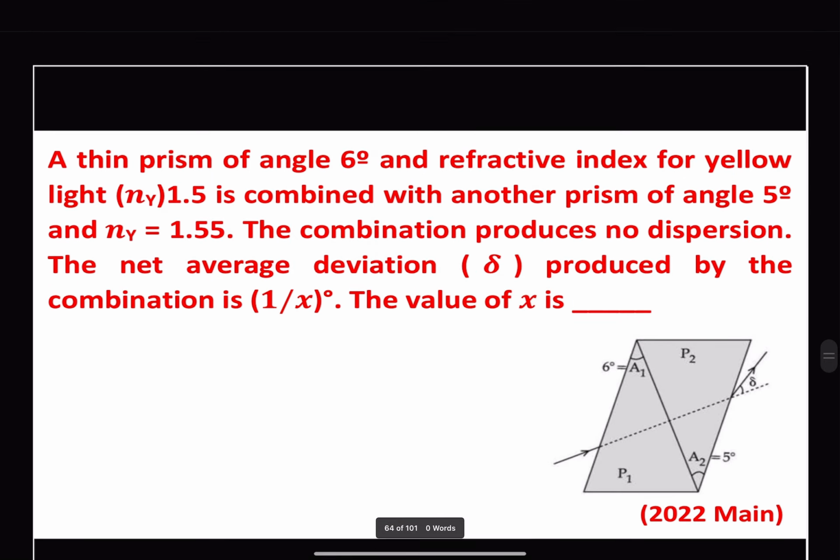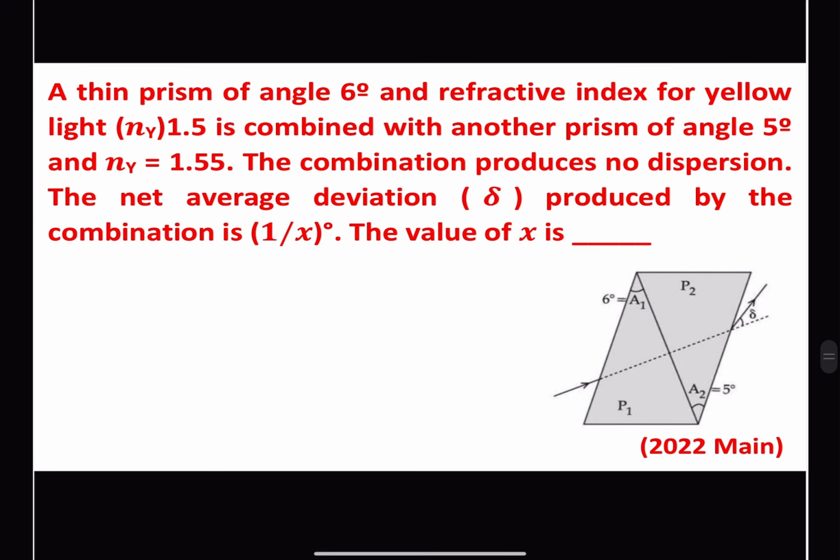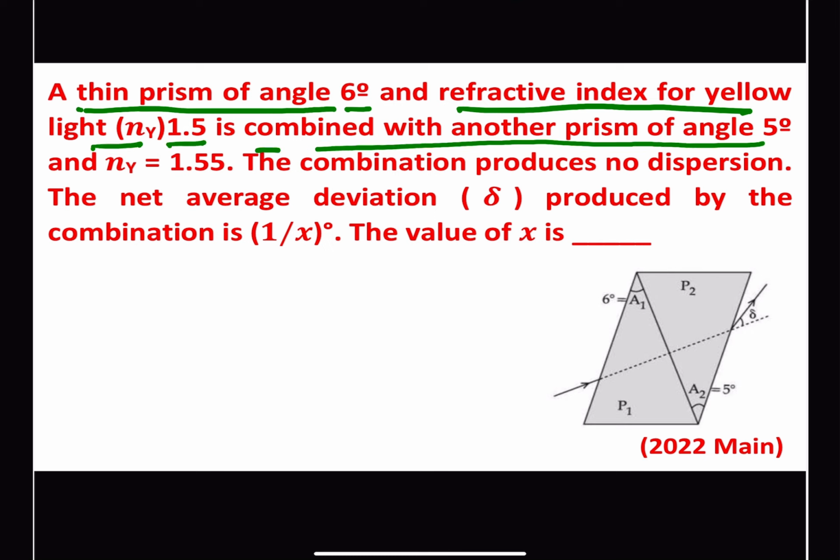Next question, and it states that a thin prism of angle 6 degree, refractive index for yellow, that is n of y is 1.5, is combined with another prism of angle 5 degree and refractive index of yellow is given as 1.55. The combination produces no dispersion.